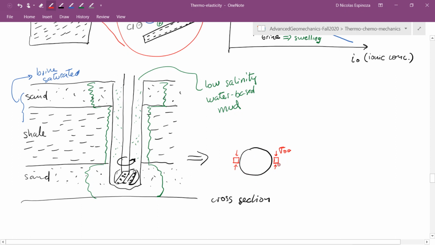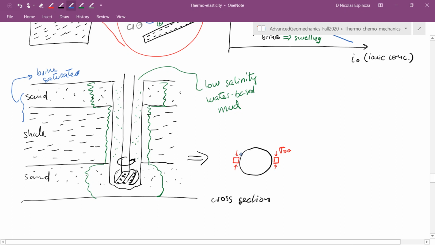And if the hoop stress gets larger than the compressive strength of the rock in triaxial conditions or the shear strength, what I'm going to have as a result is a breakout.